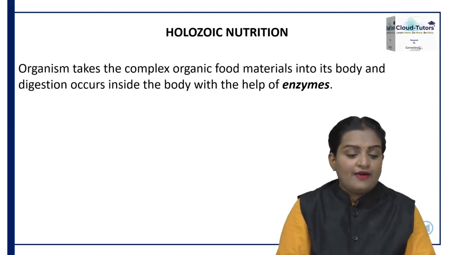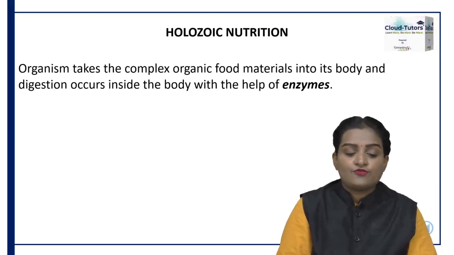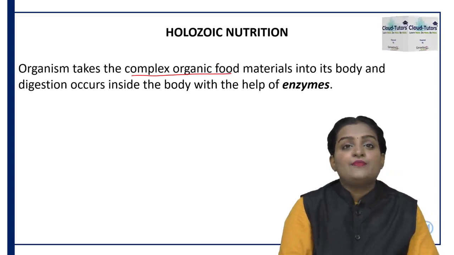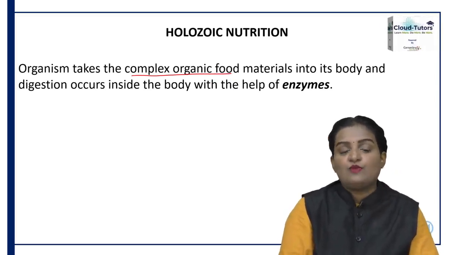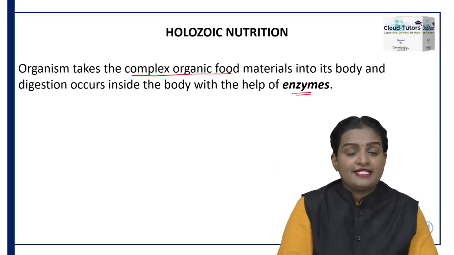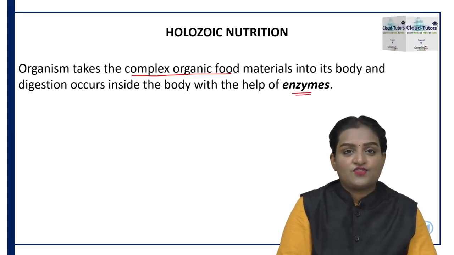So the first example is amoeba. How do you classify holozoic? Organisms take up complex organic food materials and digestion occurs inside the body with the help of enzymes. Enzymes are known as biocatalysts, which can speed up the metabolic reactions.